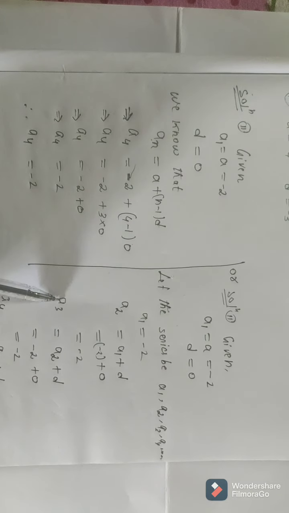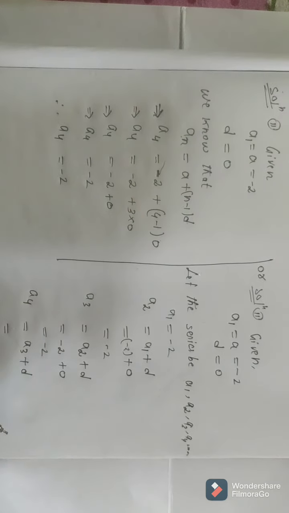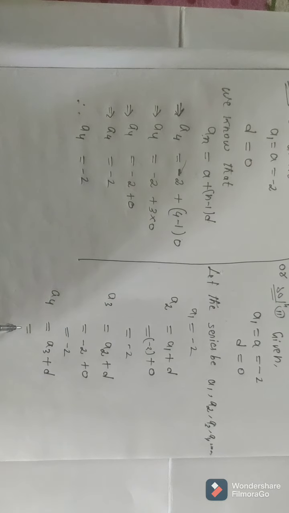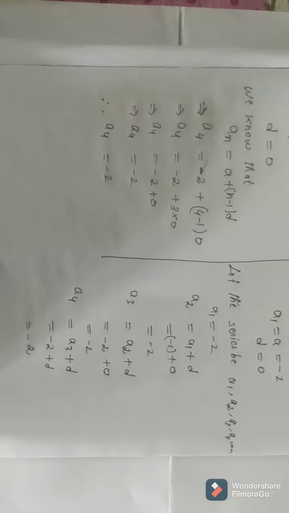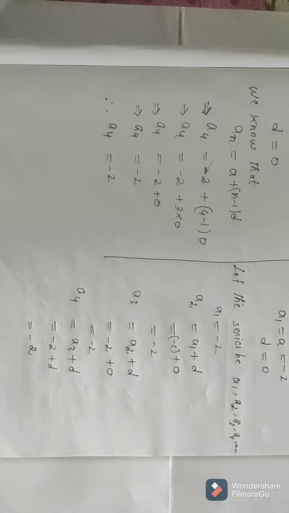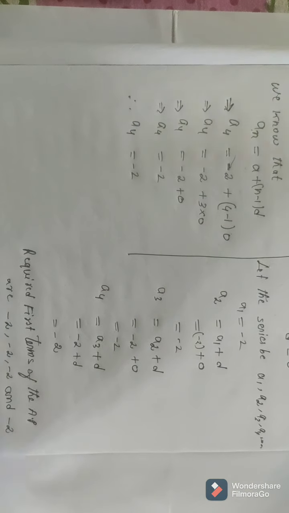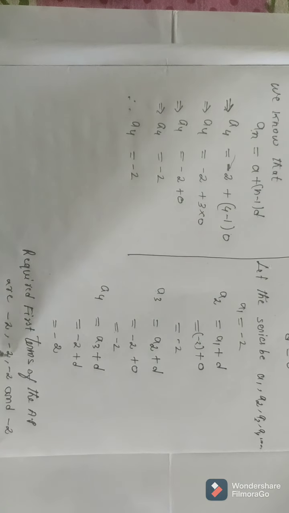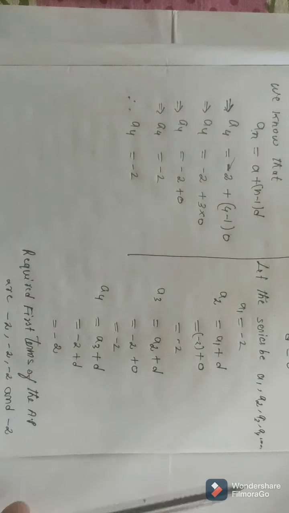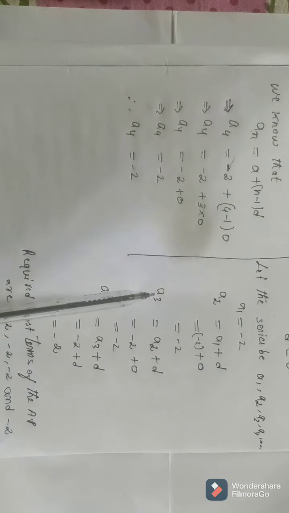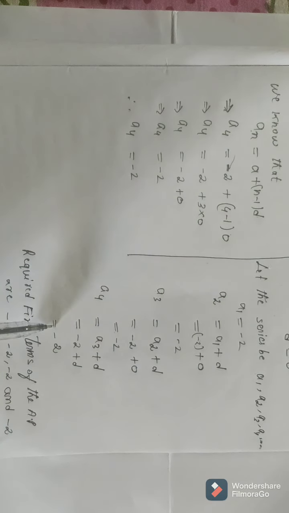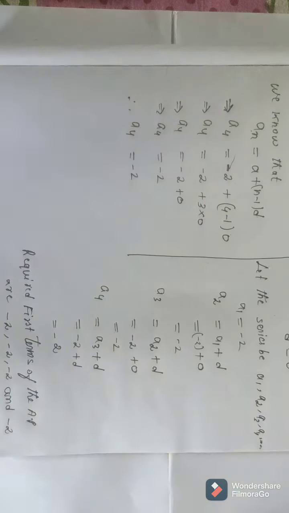Now instead of A3 we can write A3 equal to -2, plus D equal to 0, it is -2. So the required first 4 terms of the AP are -2, -2, -2 and -2. That is, A1 is also -2, A2 is also -2, A3 is also -2, A4 is also -2. So this is the final solution.